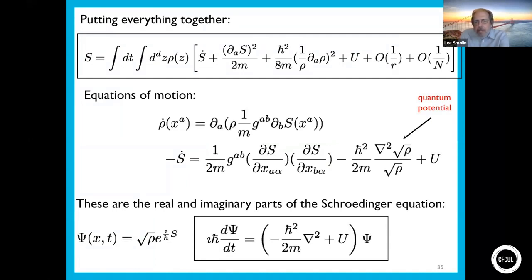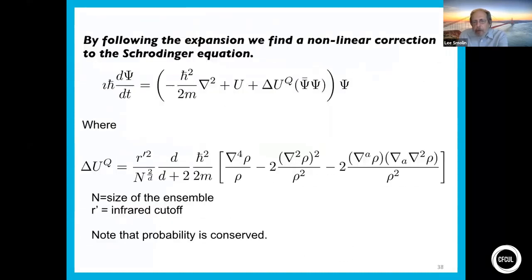But let me emphasize something important, which is that there are corrections. So there is a delta U Q, which emerges, and maybe it's best if I come back and say what the expansion turns out to be, but there's a natural expansion. Well, I'll say it in terms of basically the number. When I introduced the probability distribution, I posited a kind of collection of similar systems, and I average over them, they become an ensemble.